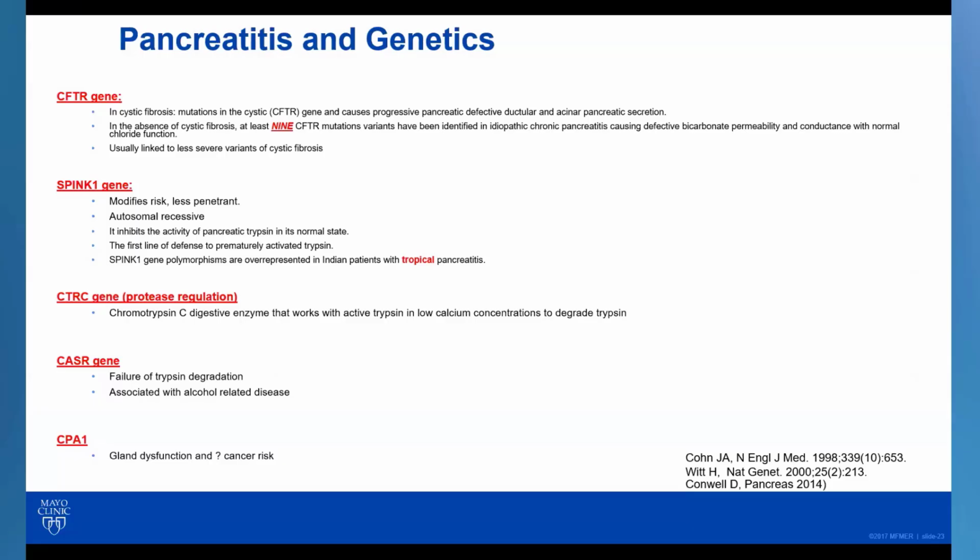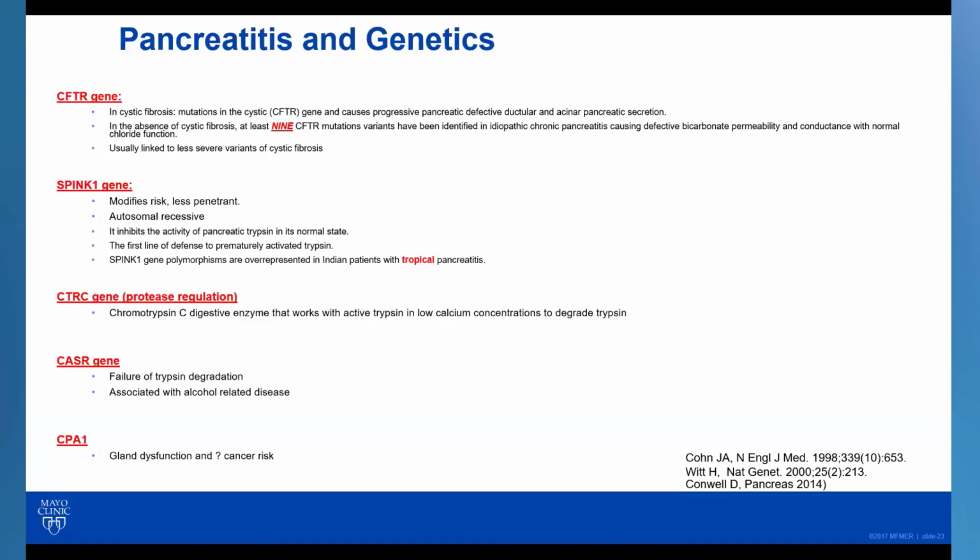But when it comes to the other genetic mutations that can cause pancreatitis, across the board, they're almost all autosomal recessive, and therefore they are heterozygous, and you might not see high penetrance. Most of the time, these are disease modifiers as opposed to causing disease by themselves. So typically, you would see it along with another risk factor. If you take CFTR as an example, this is not a homozygous genetic mutation, which is what we see in full-blown cystic fibrosis.